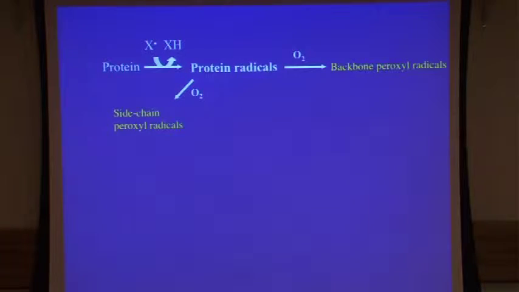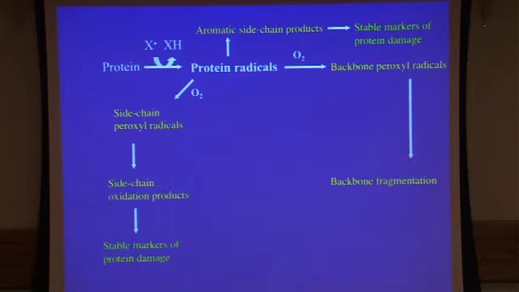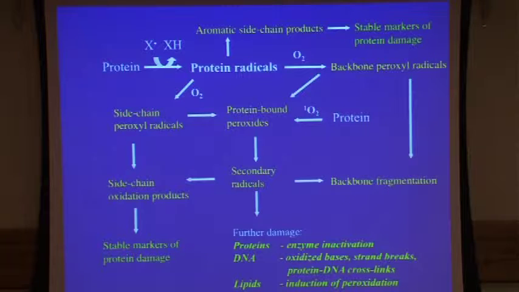So now you have the peroxyl radicals, and then there are a series of processes that can lead to side chain oxidation products, backbone fragmentation, secondary radicals, etc. I will not utilize too much time of the talk, but just to tell you that once molecular oxygen reacts with a protein-derived radical, there are a series of processes that become amplified so that potentially the damage is propagated, facilitating processes such as, for example, aggregation, glycoxidation, formation of products between lipid-derived oxidized products and proteins.